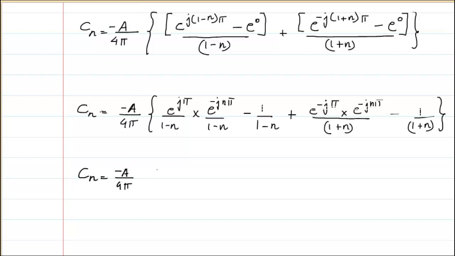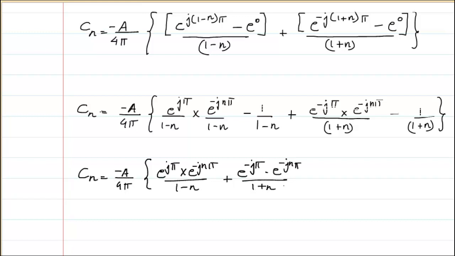Now I am going to join the values and try to see. So here I will get together e raised to power j pi into e raised to power minus j n pi divided by 1 minus n. I am again combining it, e raised to power minus j pi into e raised to power minus j n pi divided by 1 plus n.